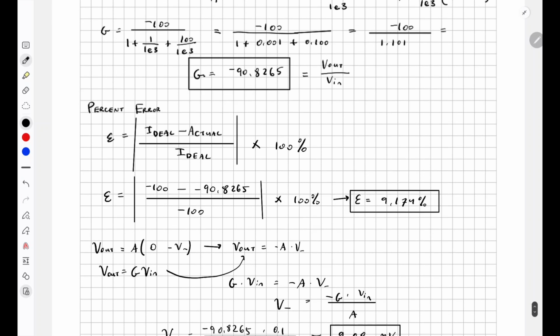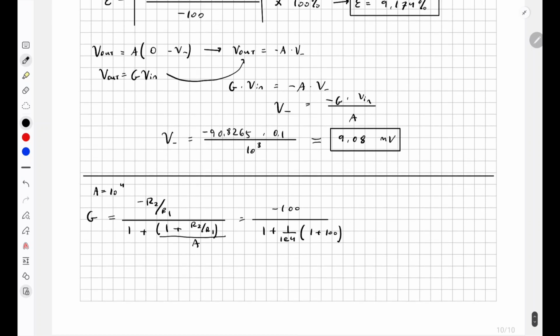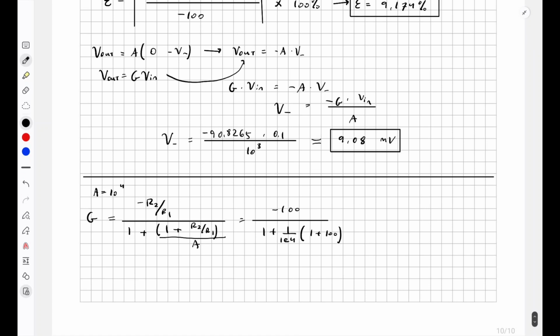Let's just plug everything in, but let's also simplify at the same time. If I use the calculator, then G is equal to -99.